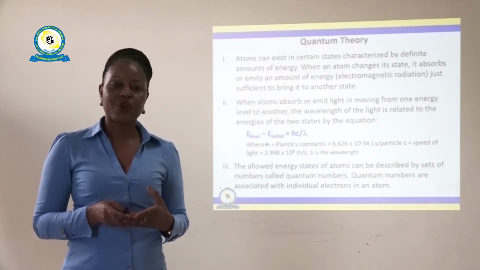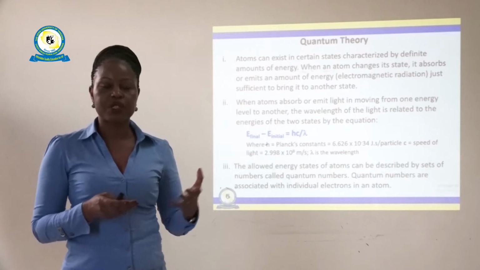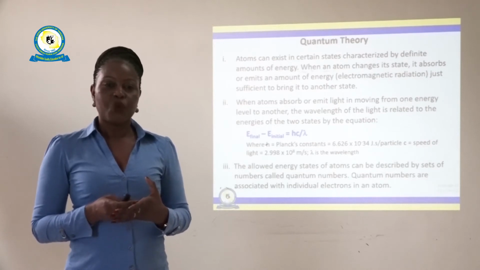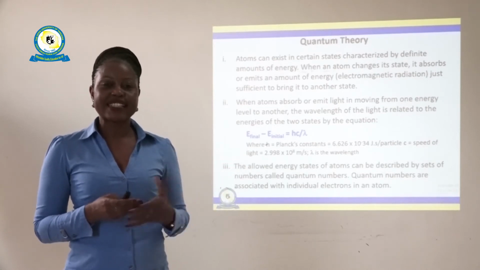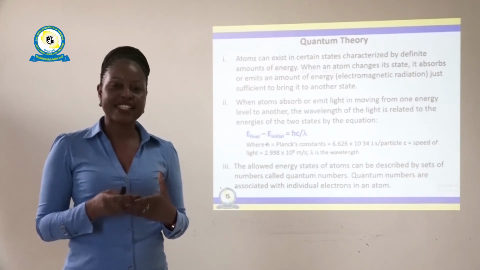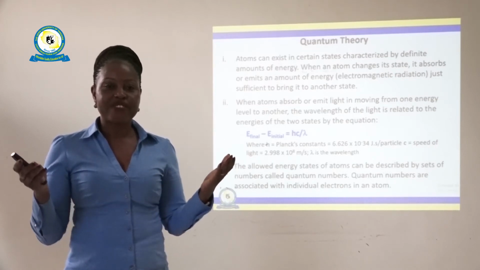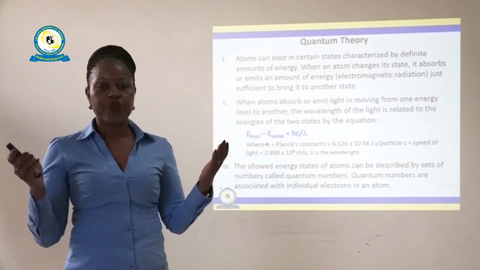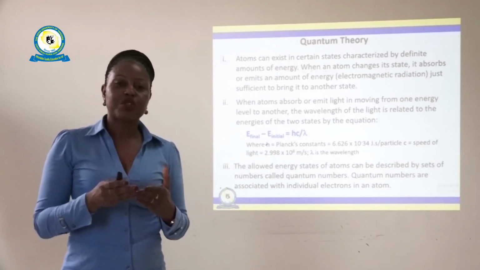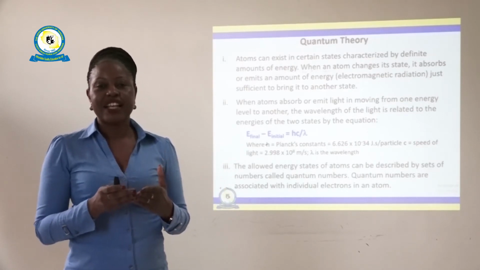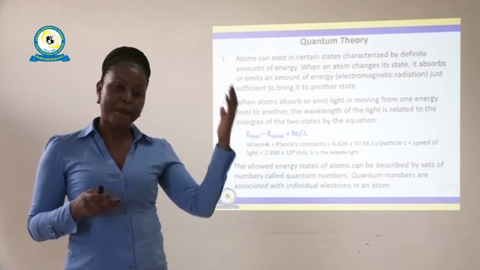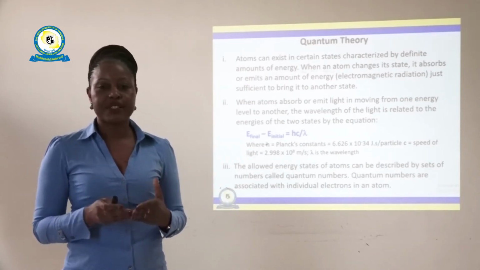Now you can recall some of the postulates of the quantum theory. One of them is that atoms can exist in certain states characterized by different definite amounts of energy. And when an atom changes its state, it can absorb or emit an amount of energy.